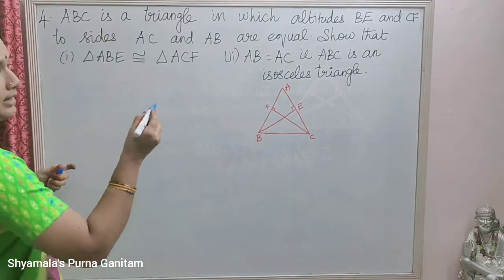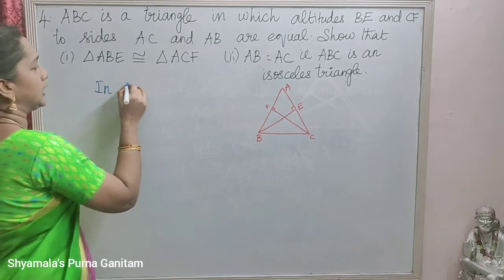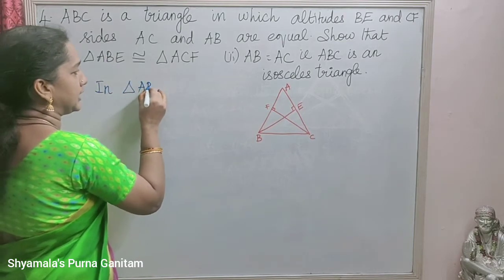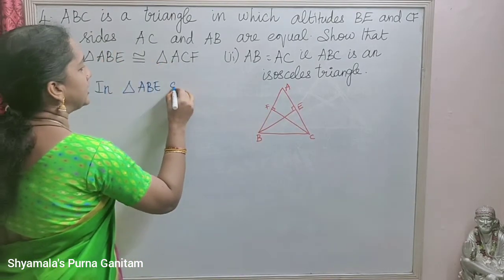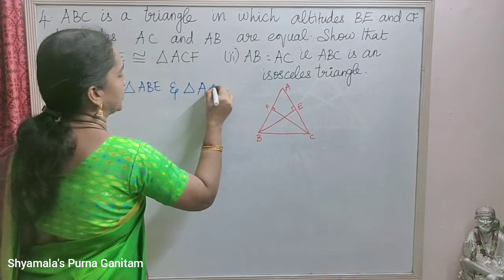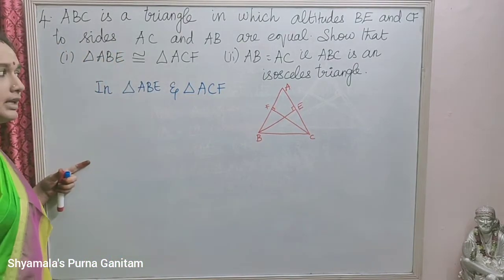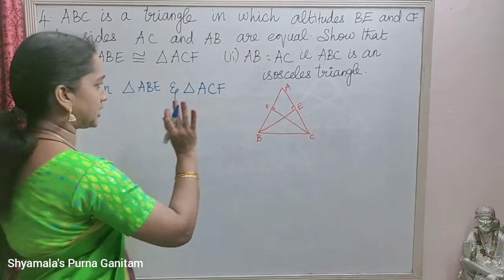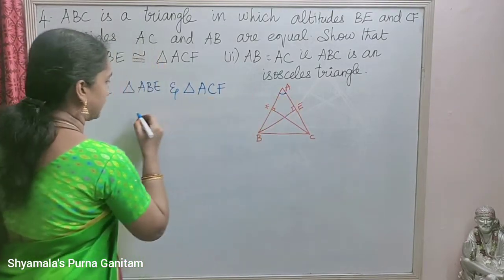So you take triangle ABE, the smaller triangle, and triangle ACF, since it has to be proved congruent. In these two triangles, angle A is common.